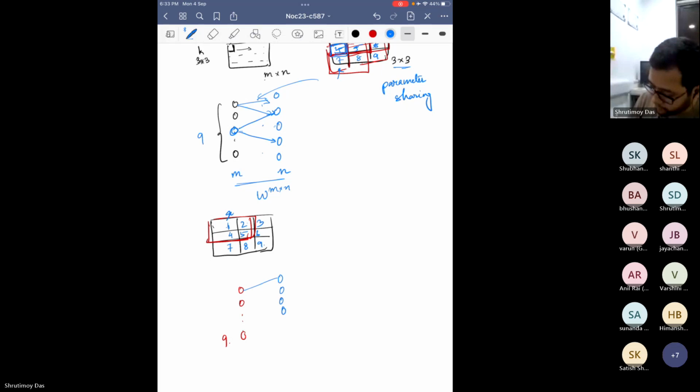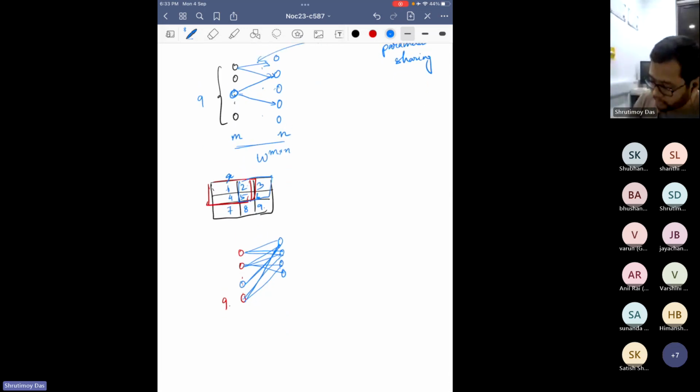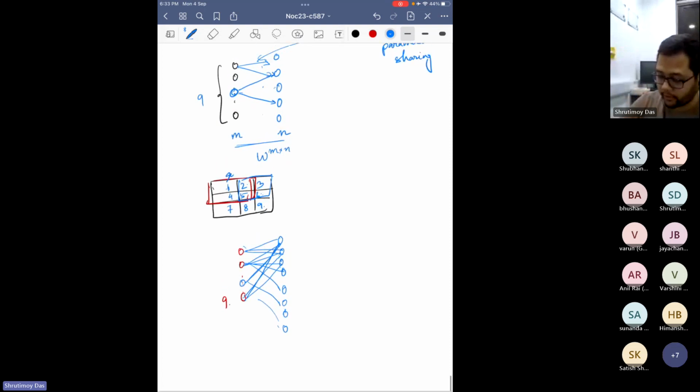Then 1, 2, 4 and 5 will be connected to K1, so it will be fully connected in this part. Once we get to this one, we'll have a different set of neurons. So 2, 5, 3, 6 will be connected to this, but 1 and 4 will not be connected to this. So that's how we get the sparsity.